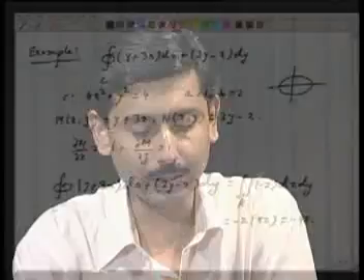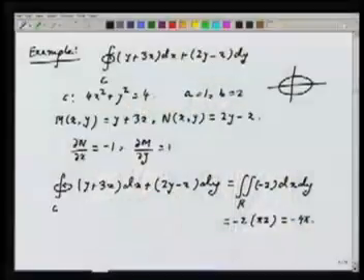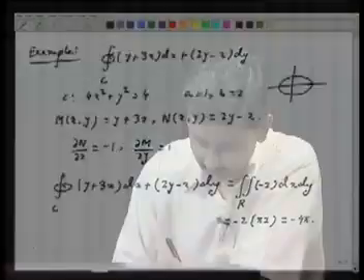Which you can check is correct by evaluating the line integral by hand, using the parametric representation of the ellipse, a cos t, 2 sin t. If you use that and evaluate this line integral, you will see that you get the correct answer. So this as an exercise I will include.